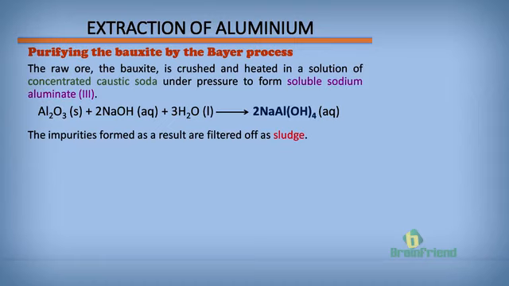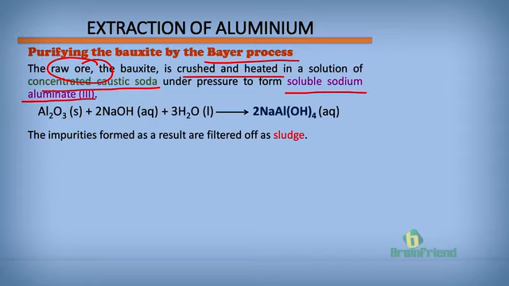And it is done by the Bayer process. Now, this raw ore, the bauxite, will be crushed into powdered form. After it is crushed, it is heated in a solution of concentrated caustic soda under pressure to form what? Soluble sodium aluminate.